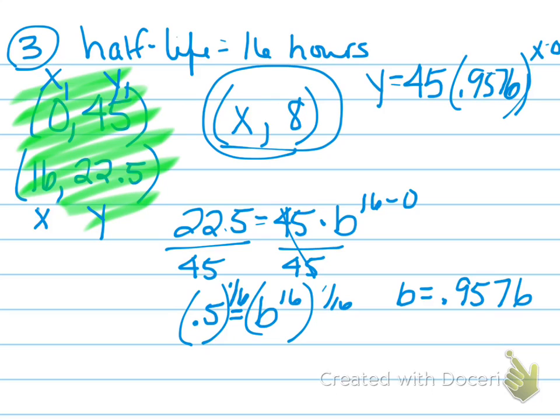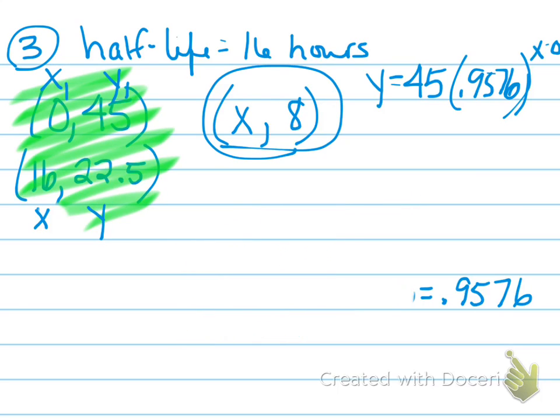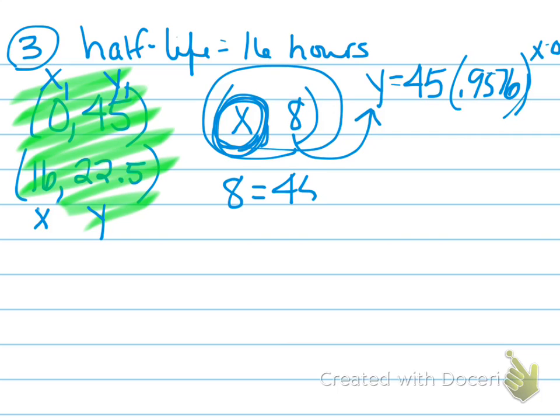So now I'm going to use the equation that we just found, and try to figure out x when there's 8 grams left. So 8 is going to be my y. So I have 8 equals 45 times 0.9576 to the x power.